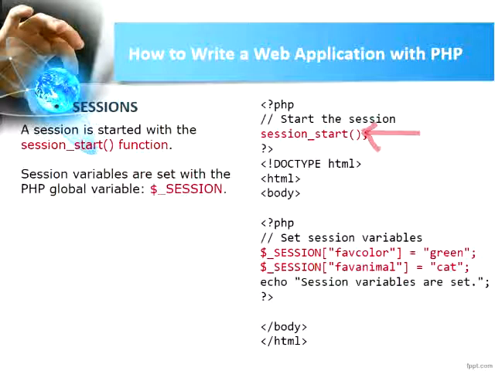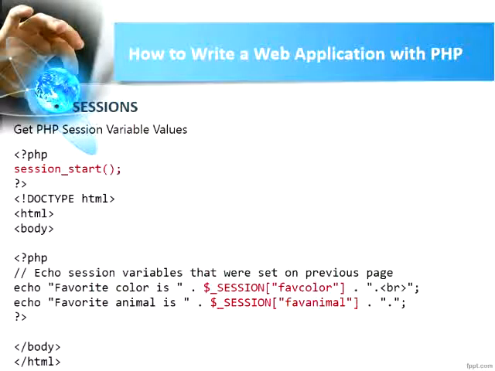That means we will create a variable named favcolor, and the value of this variable equals green. So this variable can be used by all the PHP pages of our web application, in the session.